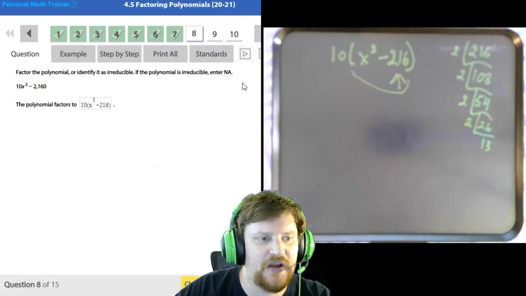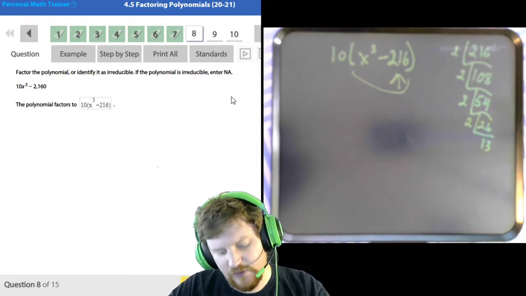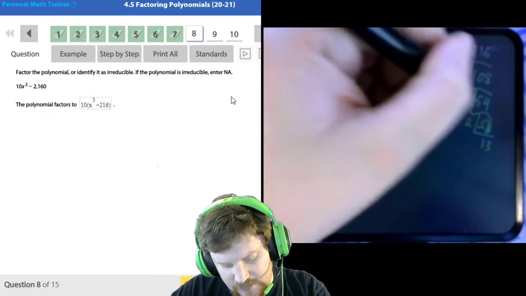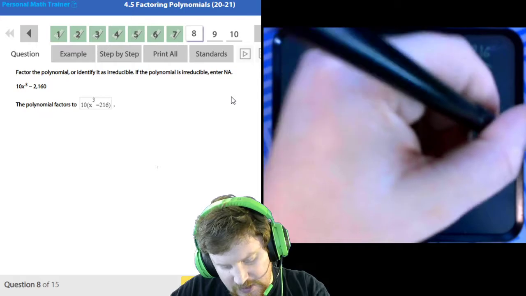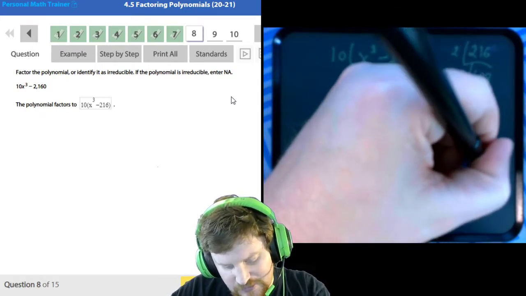I did start by factoring out 10. Is 216 a perfect cube? And I did something wrong? Yes, 54 divided by 2 is 27, which is divisible by 3, and 27 divided by 3 is 9, so it is a perfect cube.